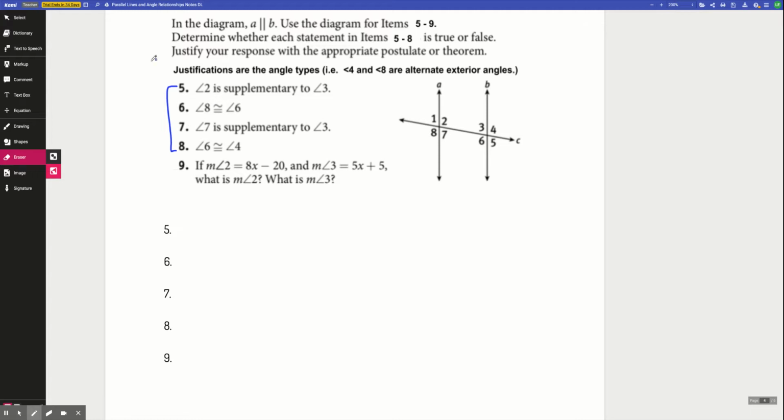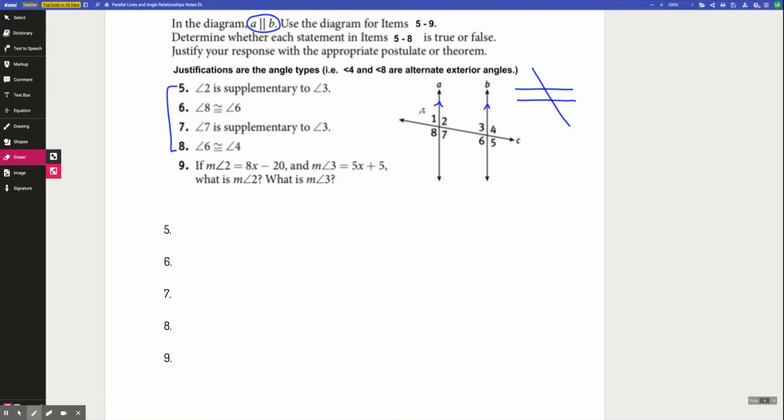I told you that the lines are parallel, so I'm going to mark them with my little parallel symbols. This is a good instance where the parallel lines look a little different, because you're used to seeing two horizontal parallel lines with the transversal slashing through them. These parallel lines are vertical.